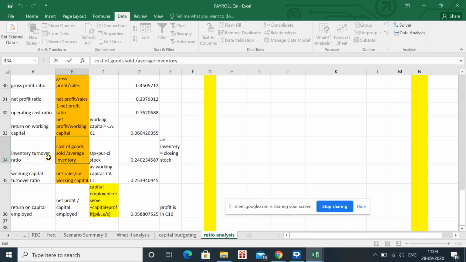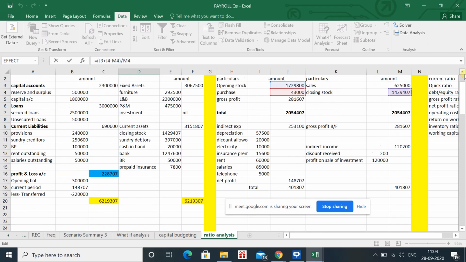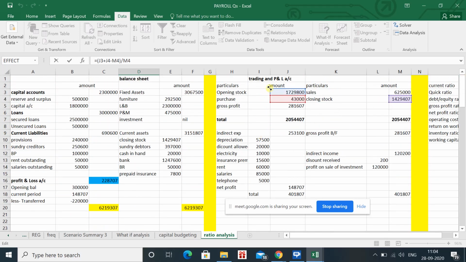So here we have the inventory turnover. For inventory turnover, opening plus purchases minus closing, divided by closing stock, as for the average inventory we are taking the closing stock. You can see the formula bar for referring to the formula.